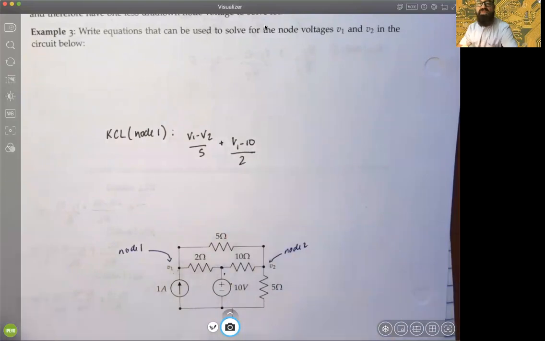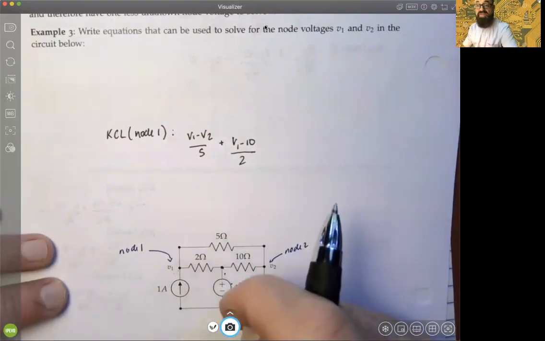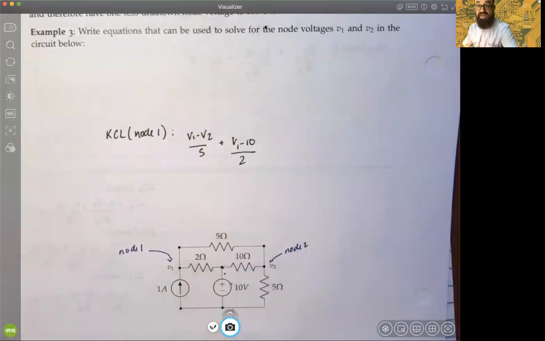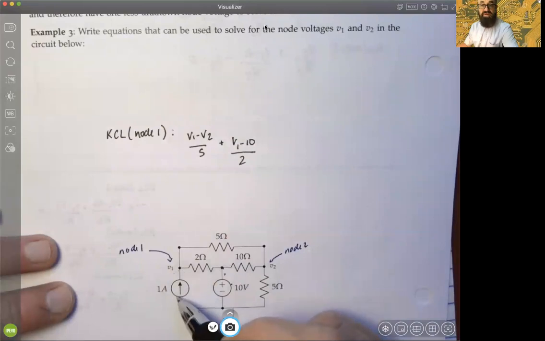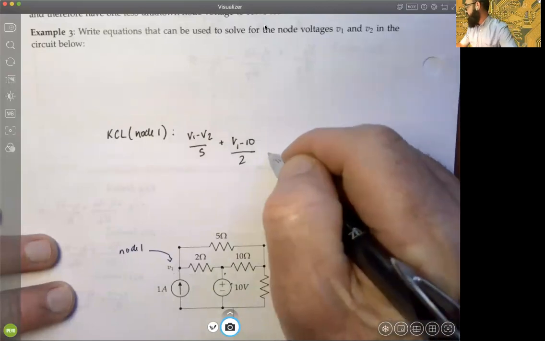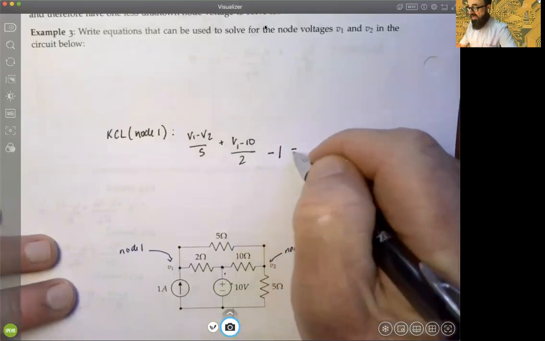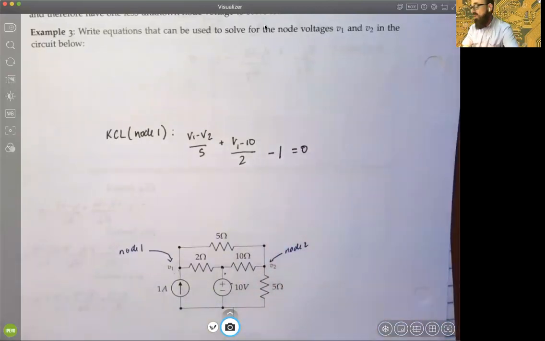Okay, so we'll just put 2. I'm not labeling the resistances R1, R2; I'm just using flat out what the ohmage is. And then here, representing an outgoing current, if the independent current source is coming in, then we would subtract 1 amp, and that would be one equation, okay?